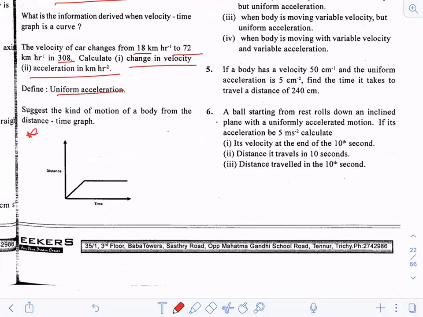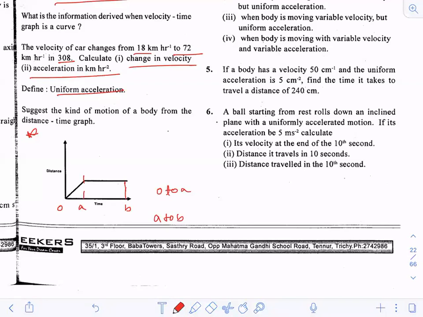I'll try to divide it in regions. So this is O, this is point A. I have divided it in two regions, O to A, and then from A to B.